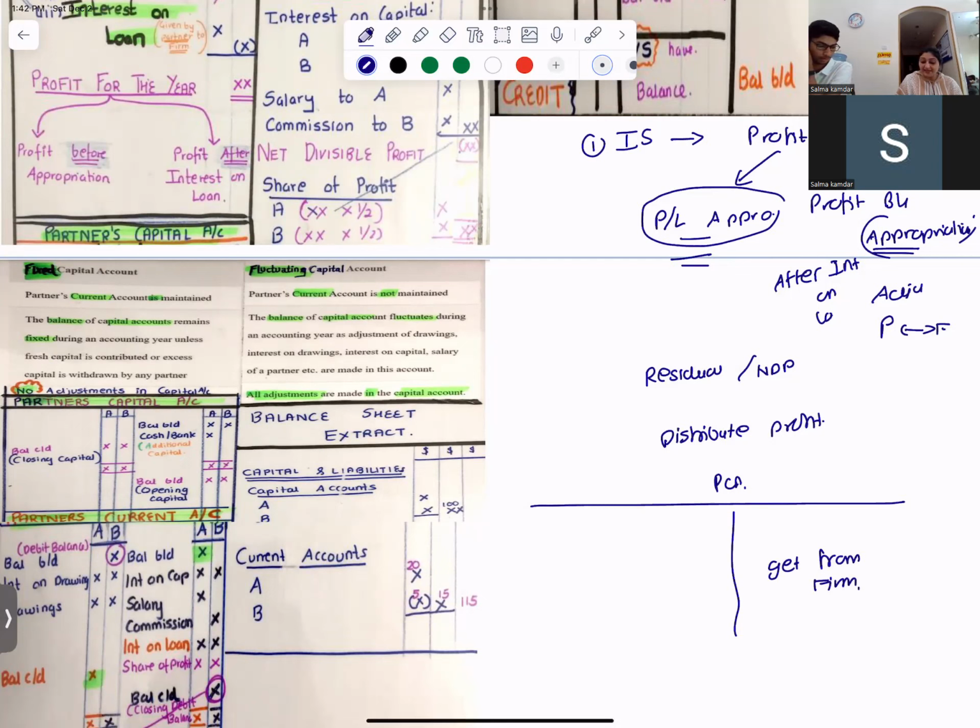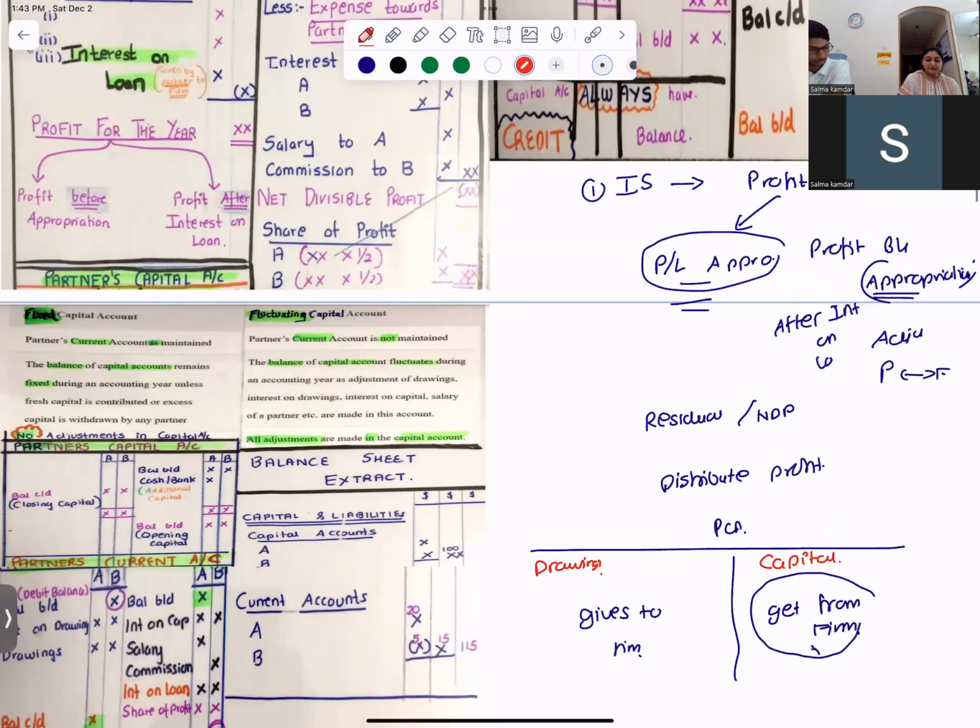Whatever the partner gives to the firm will come on the other side. The exception is that here you will have the capital balances and here you will have the drawings. Let's look at the point.